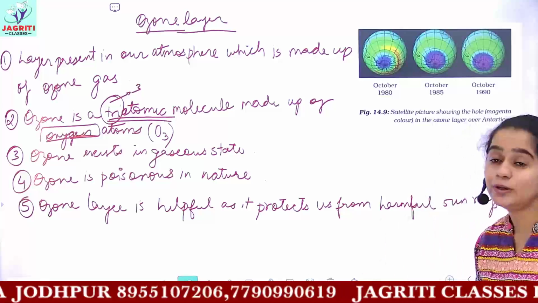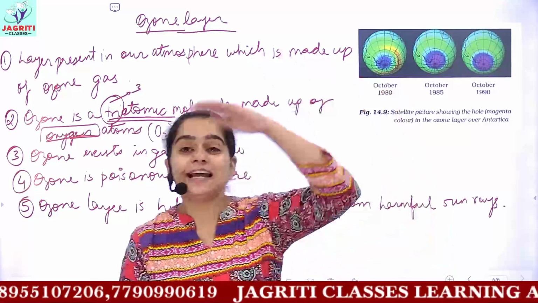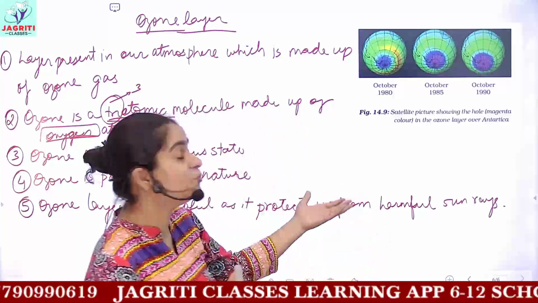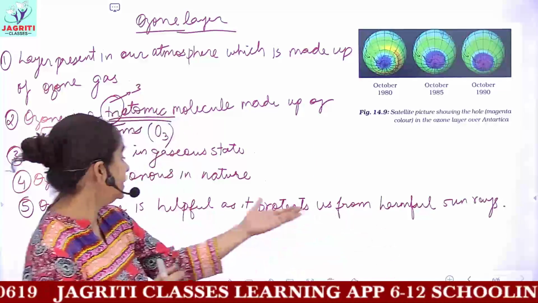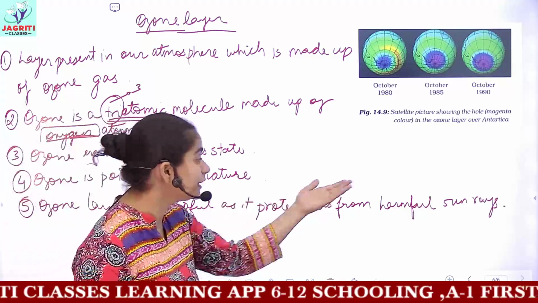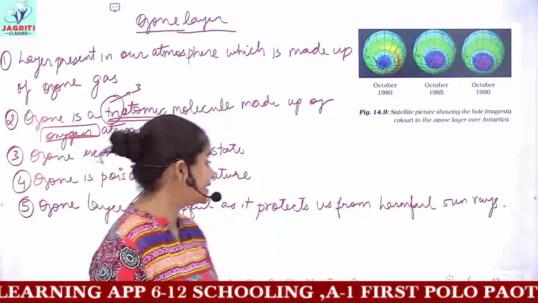Because this ozone layer only allows certain rays of the sun to reach the earth's surface, and it does not allow all the harmful radiations to reach us. So in turn, we can say that the ozone layer is very helpful as it protects our planet earth from the harmful rays of the sun.